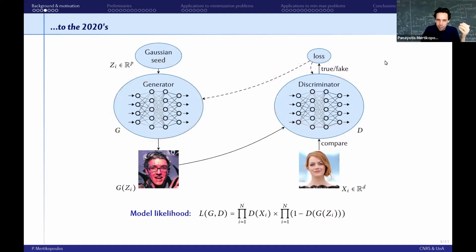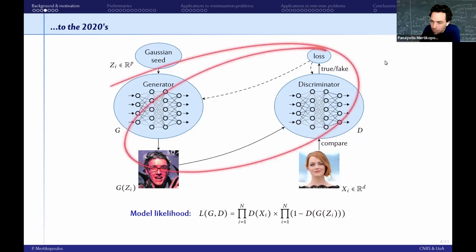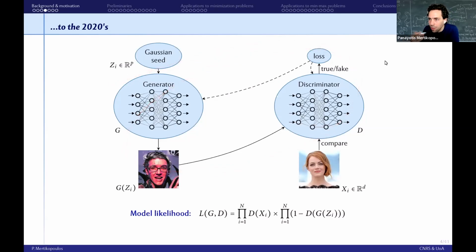The generator is generating samples from some distribution that it is trying to learn, and the discriminator is comparing with true samples from this distribution and is saying whether it is a fake or not. And through this training back and forth, the GAN is ultimately able to produce very good samples from this unknown distribution.